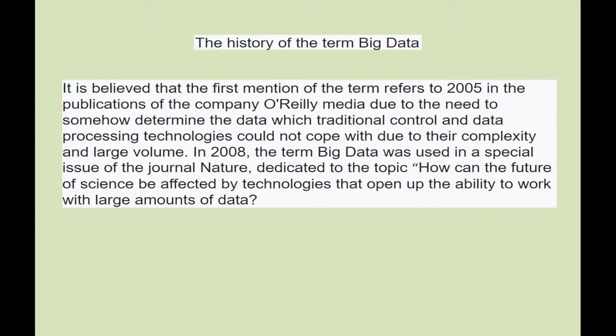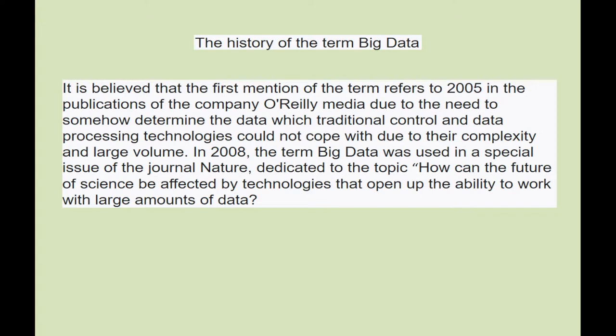The history of the term big data. It is believed that the first mention of the term refers to 2005, in the publications of the company O'Reilly Media, due to the need to somehow define data which traditional control and data processing technologies could not cope with due to their complexity and large volume.